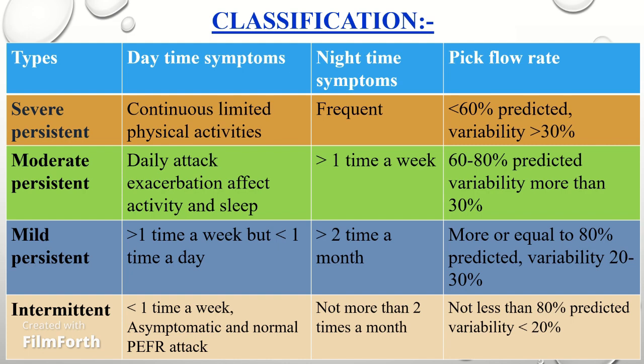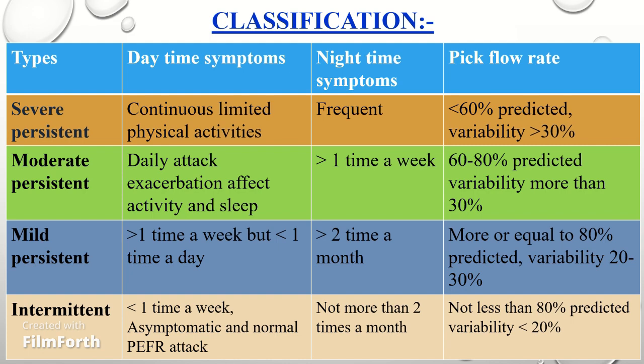Now, in the moderate persistent, there will be daily attacks affecting activity and sleep in the daytime, and at night time it will be more than one time a week. Its peak flow rate will be 60 to 80% predicted and variability will be more than 30%.